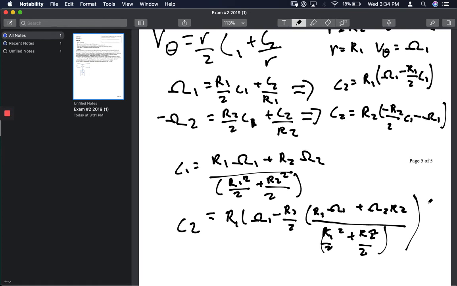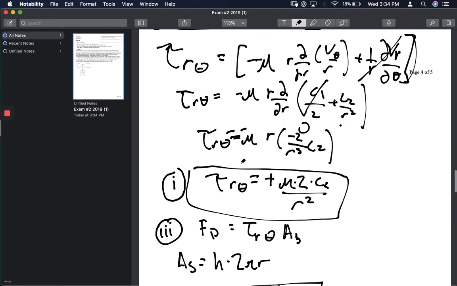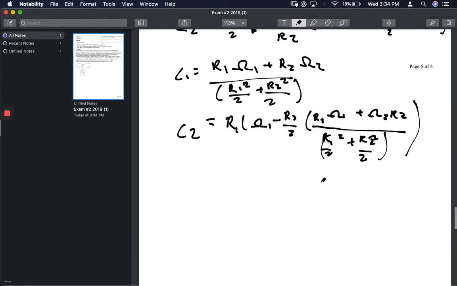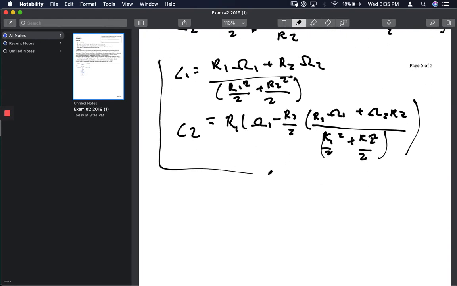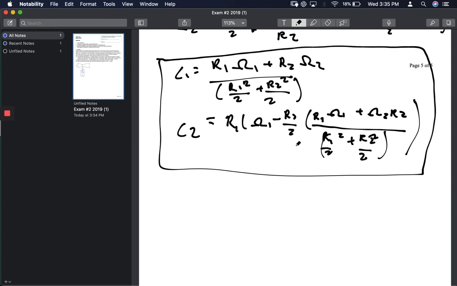And this will, of course, be C2. All right, and those are the constants. Professor Matthews is usually pretty lenient when it comes to partial grading, so you can leave these in this form. You don't actually have to rewrite any of these if he sees that you've solved for your constants already here at the bottom, like so.